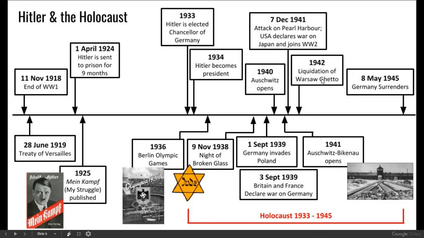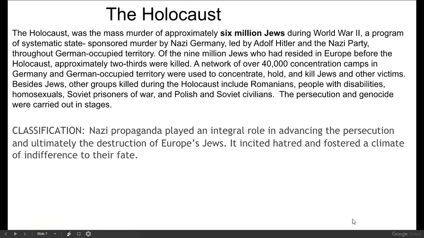So we'll talk about the ghettos, and then in May of 1945, Germany finally surrenders. And so from the moment he became president in 1934 to 1945, it was over 10 years of just a dystopian type place in Germany.